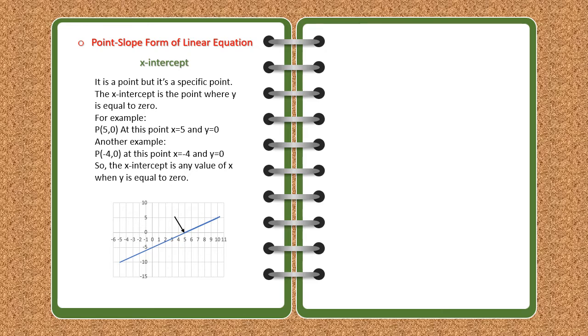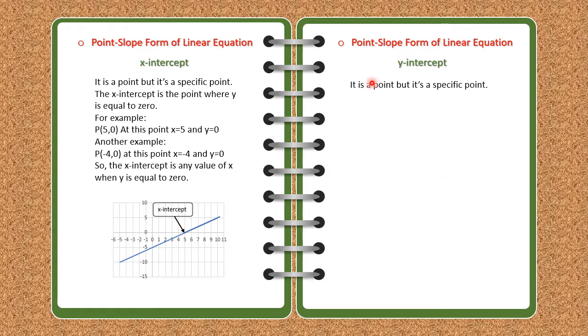This one here, you can see, is the intercept of this line with the x-axis. It's called the x-intercept. Also, the y-intercept is a special point where x is equal to 0.